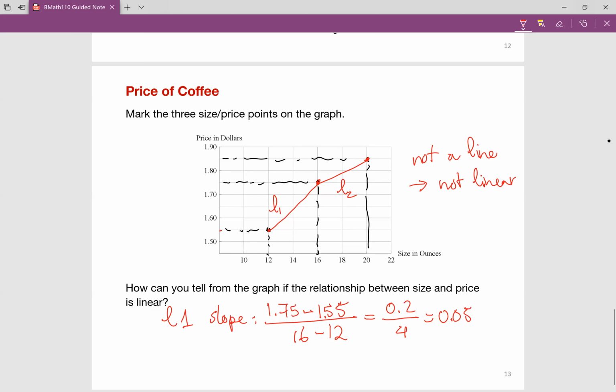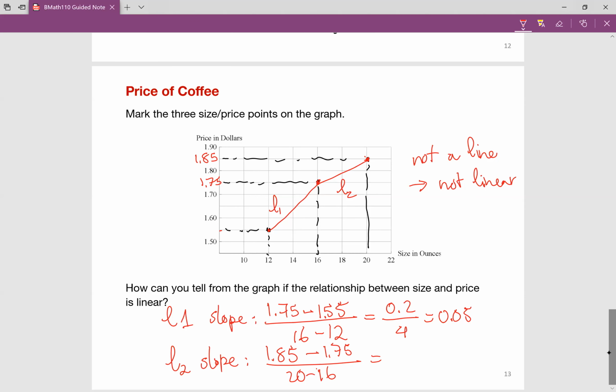Line 2 slope: I'm going to use 1.85 minus 1.75, divided by 20 minus 16.